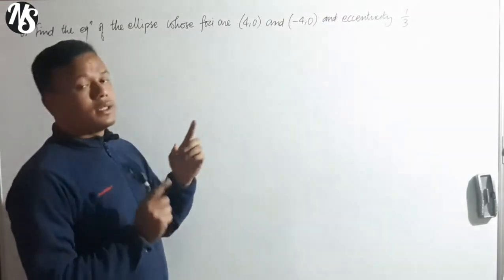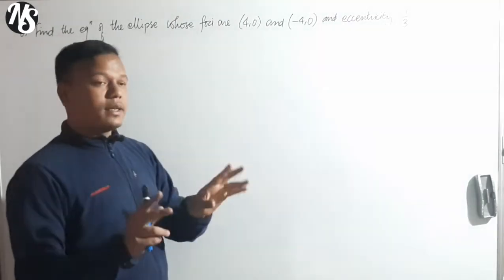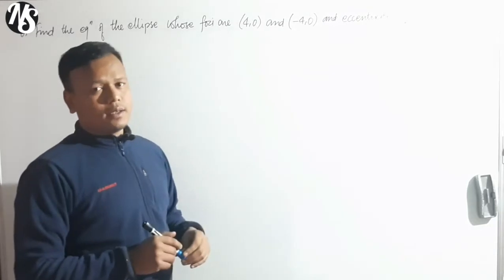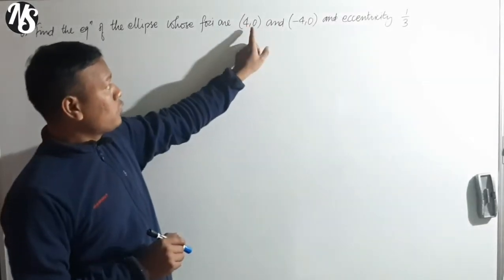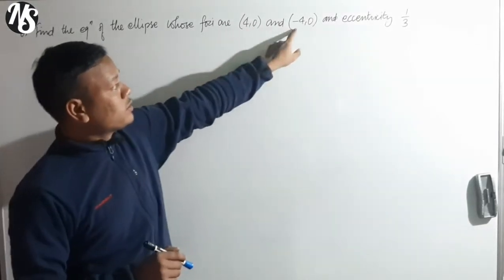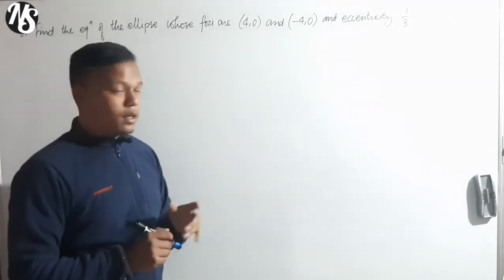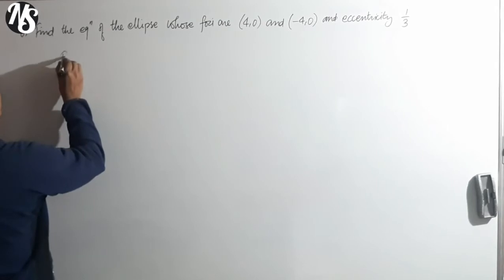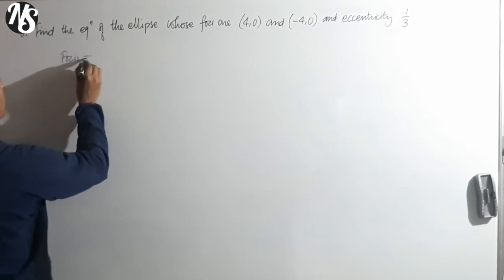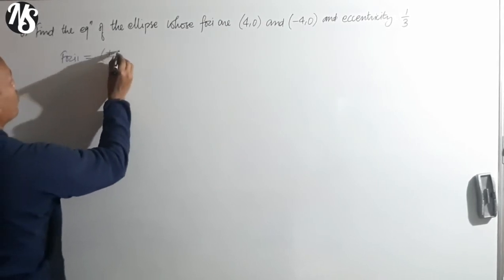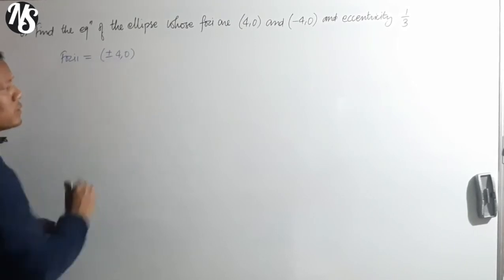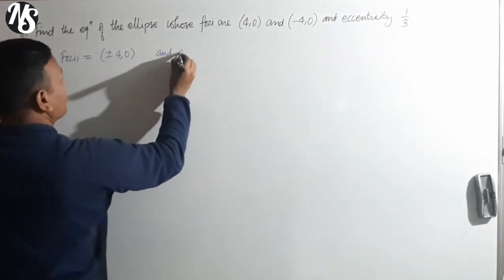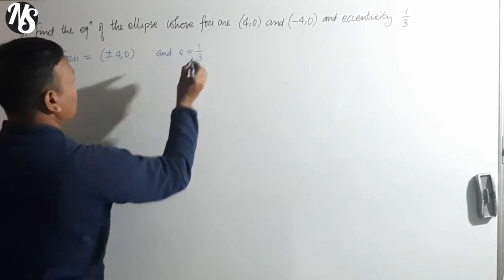But this time, instead of directrix, they have directly given us both the foci, isn't it? Now foci, if you see here, this is plus 4, this is minus 4. Okay, so that's why, see here carefully, foci is given to be plus minus 4, 0, isn't it? Yes. Okay, and eccentricity is given to be 1 by 3.